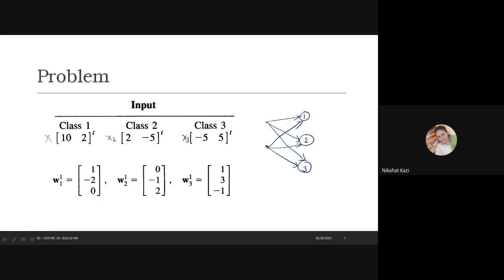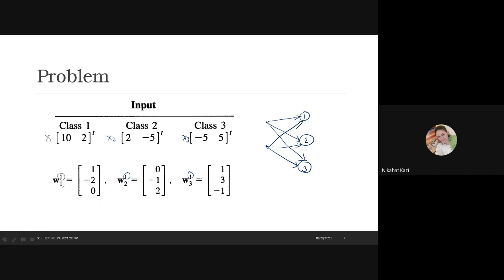W11 means it is a weight vector connecting to the first neuron. W21 means it is connecting to the second neuron. This one indicates the initial weight vector, W1, that we have. Then the next step you will get W2, and that is how it progresses, W3, W4. W11 is the first neuron's weight vector, W21 is the second neuron's weight vector, and so on.